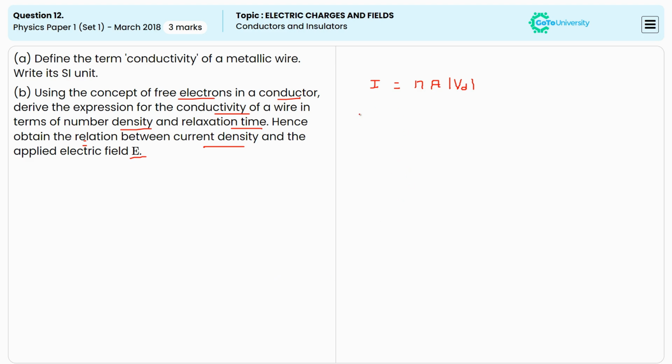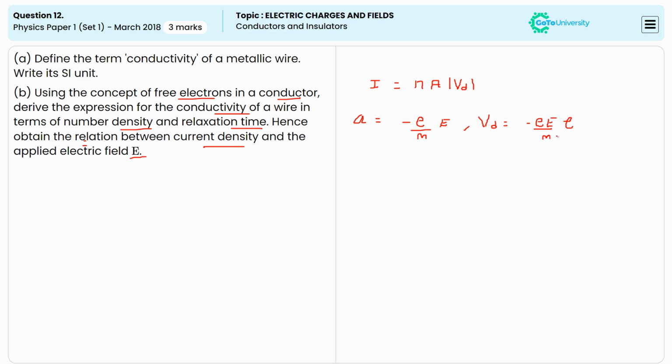We know that acceleration a is equal to minus eE divided by m, where E is the electric field, and the average drift velocity Vd is equal to minus eE upon m times tau.